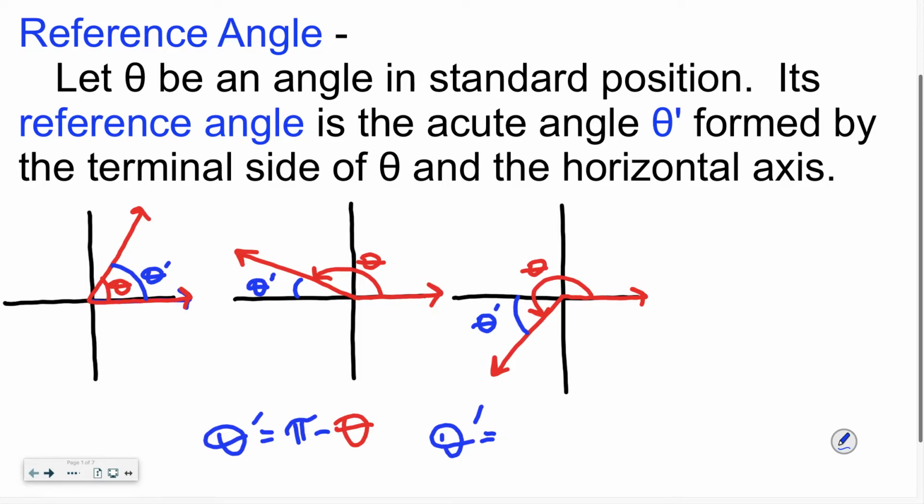But if we know the red measurement, how do we get that blue? We should take the red measurement, so we're taking our angle bigger than 180 degrees and subtracting out, I'm going to call it pi in radians, so we can see what's left to rotate after we get to pi.